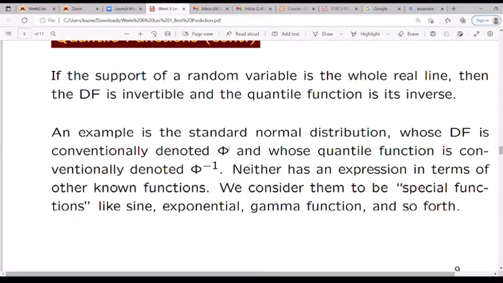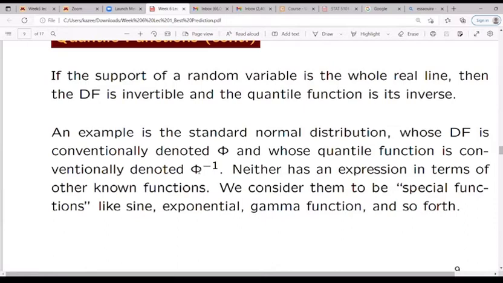The distribution function for the normal distribution, we normally use this guy. So the inverse of that is going to be the quantile. If phi here is the notation for the distribution function of a standard normal distribution, then the inverse of that is basically going to be the quantile.